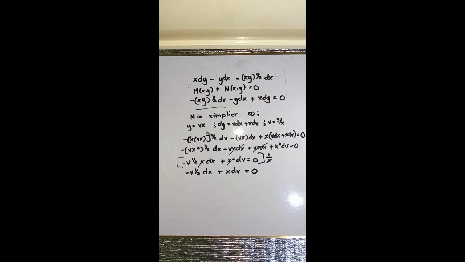Now, after getting this equation, we can now use separable variables as a method of getting our answer on a more easier scale. So negative v^(1/2) dx plus x dv equals 0 will be then separated into v and x variables in order for us to solve for our answer.